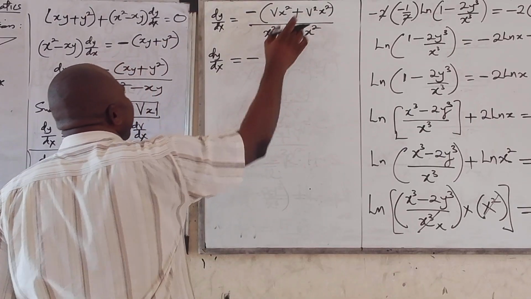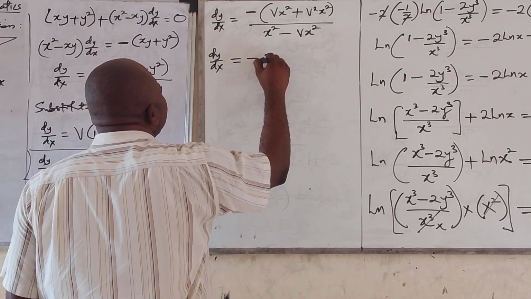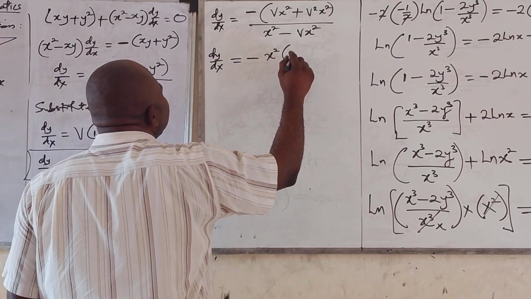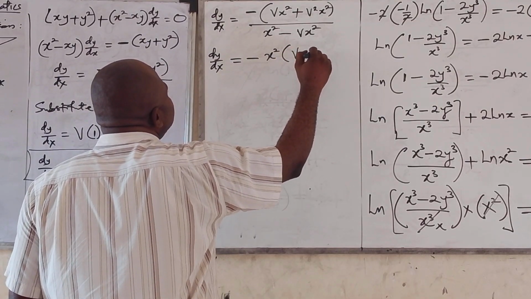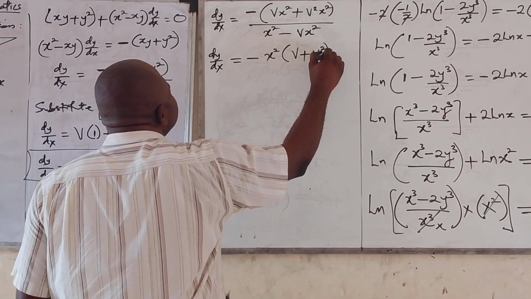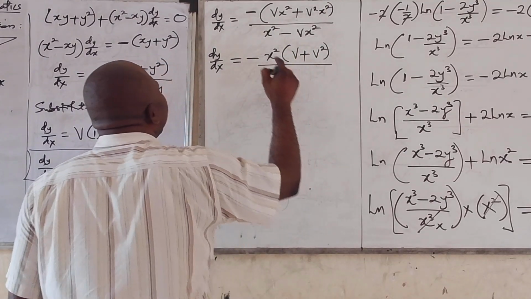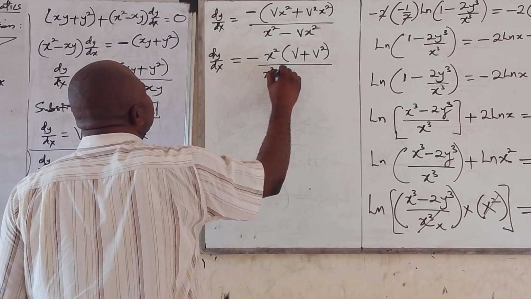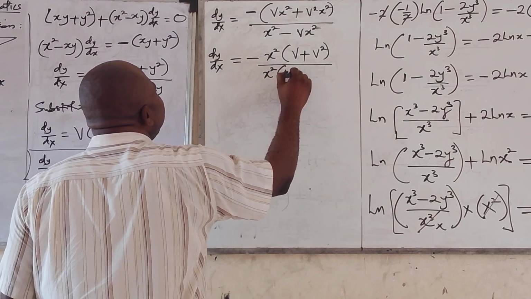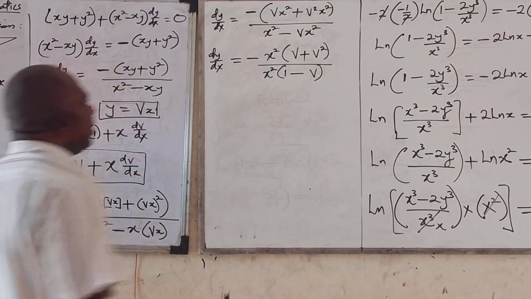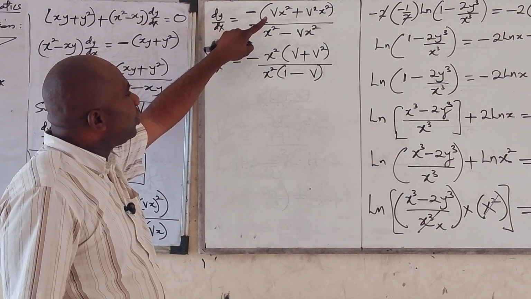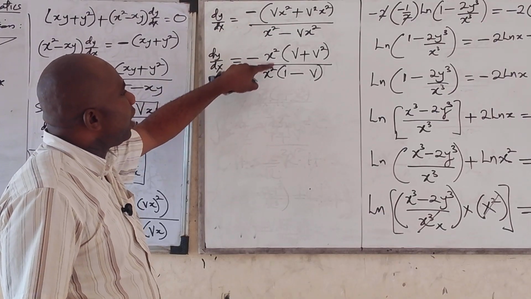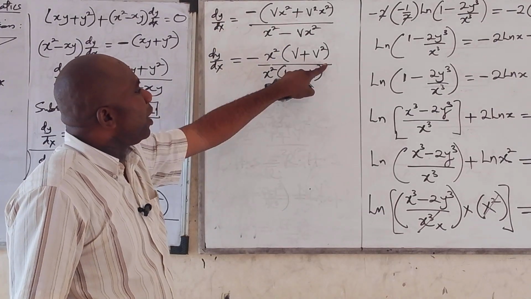Now looking at this here, x squared is common. So we have x squared. Here we'll be left with v plus v squared, all over, here we have x squared to be common. So here we have 1 minus v. So in the numerator, we actually factored out x squared, and we're left with v plus v squared.